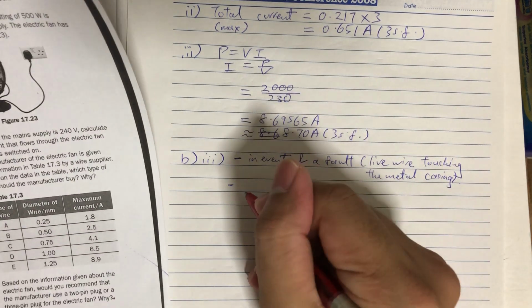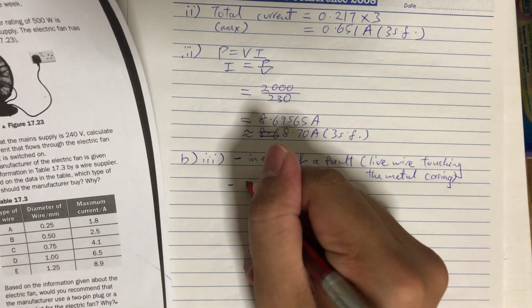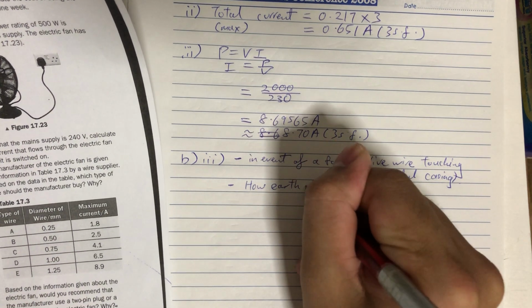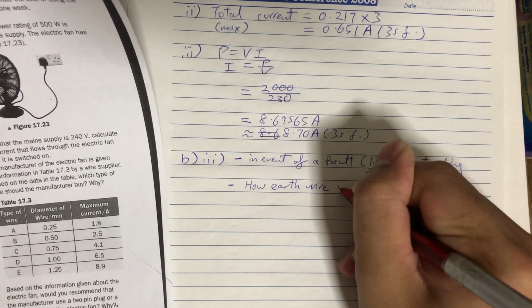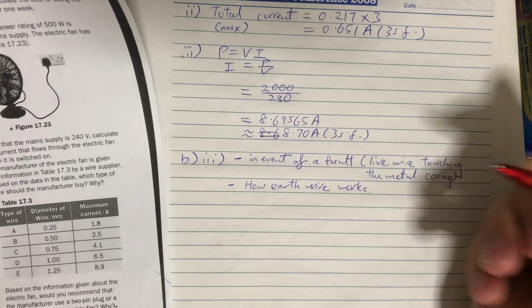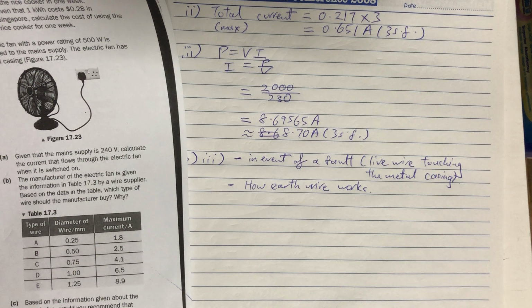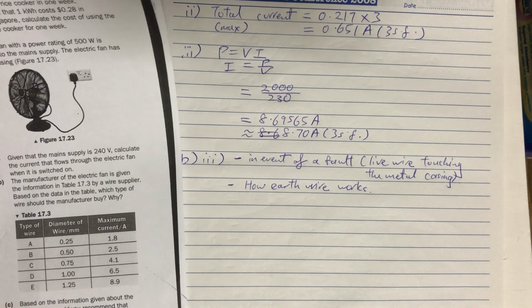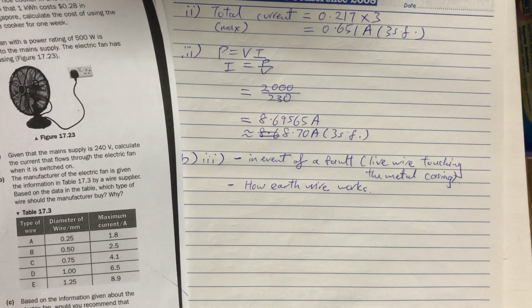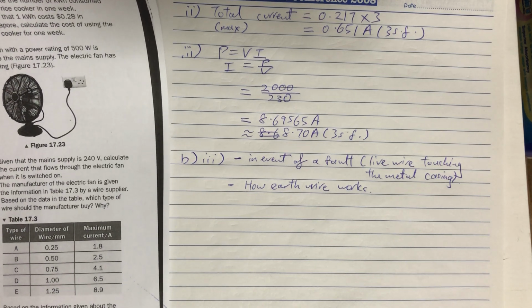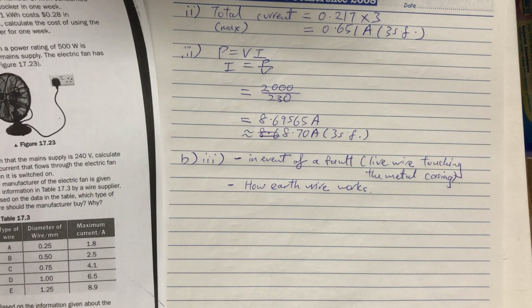Second, talk about how the earth wire works. What does the earth wire do? In this case, when the live wire touches the metal casing, it actually conducts away the current from the metal casing to the earth wire.